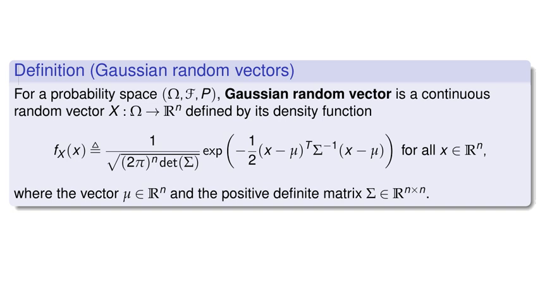This density is given by f sub X of x equals 1 over the square root of (2 pi) to the n times the determinant of sigma, all multiplied by the exponential of minus 1/2 times (x minus mu) transpose times sigma inverse times (x minus mu). This holds for all x in R^n. Here, mu is the mean vector in R^n and sigma is the covariance matrix, which must be a positive definite n by n matrix.